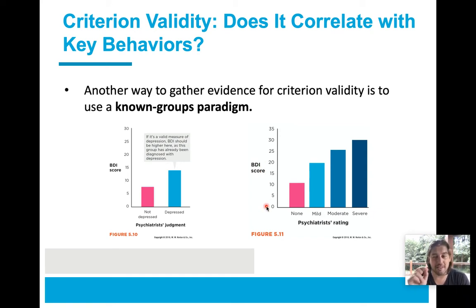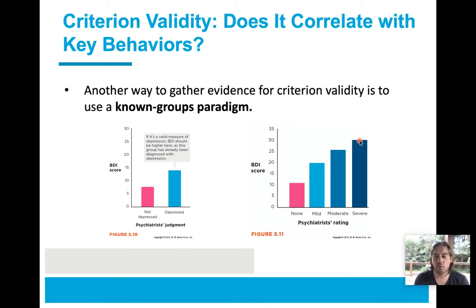If it's really sensitive, if it's a really excellent measure of depression, then our data should look like this. As people's diagnoses become incrementally more severe, their scores on my measure should also become incrementally greater, right? There should be this stepwise progression where my measurement mimics the real world diagnosis.